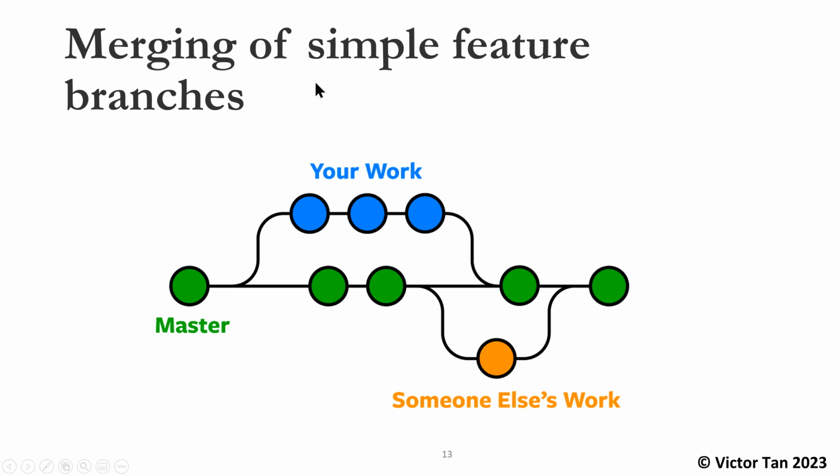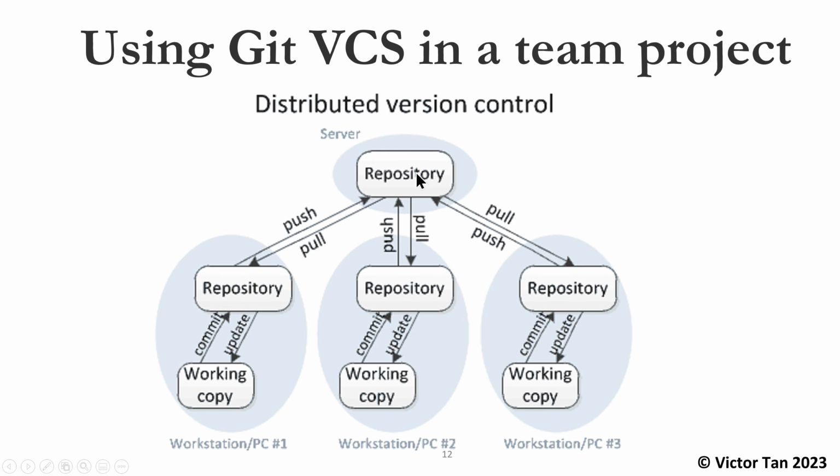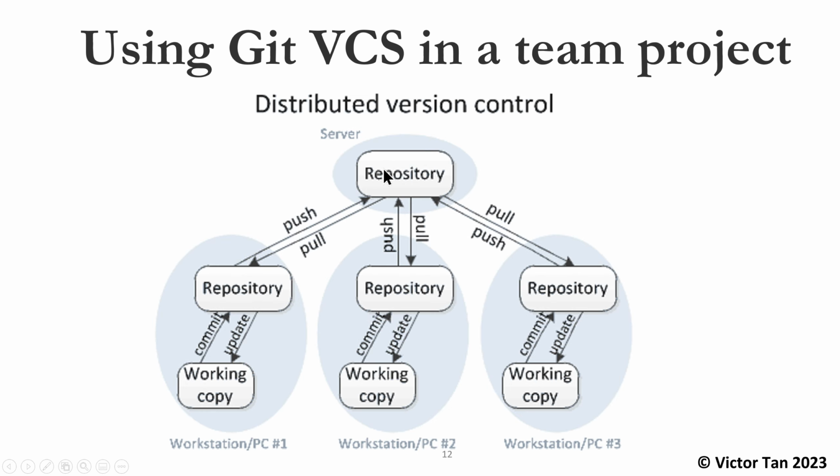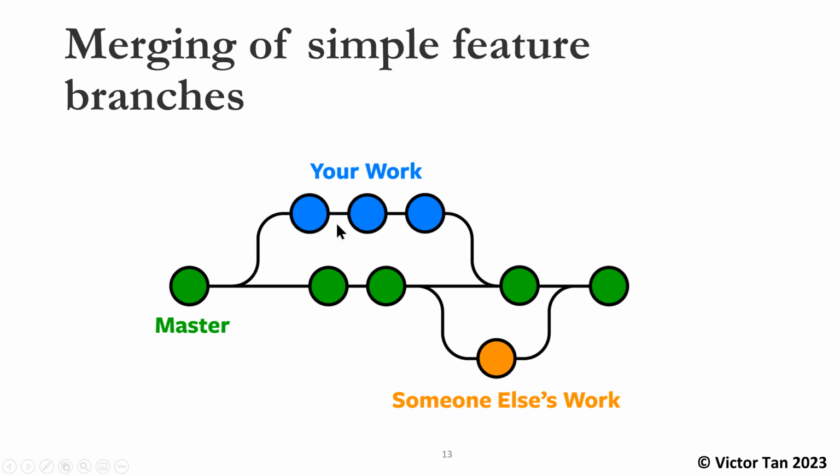Okay, so typically the way that developers work on a shared code base is through what is called a feature branch. Here the green circles represent the commits on the master branch, and the master branch really represents the code base that is in the central shared repository. So when you, as a team member of a software project, clone a repository to your local machine and you make commits, you are basically going to work on a separate branch that starts from the master branch.